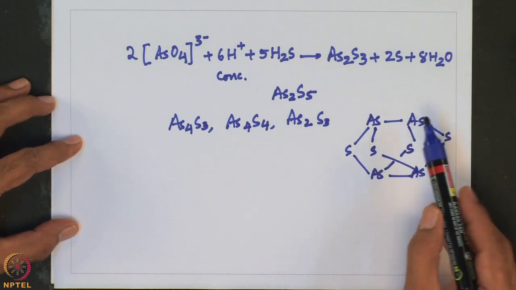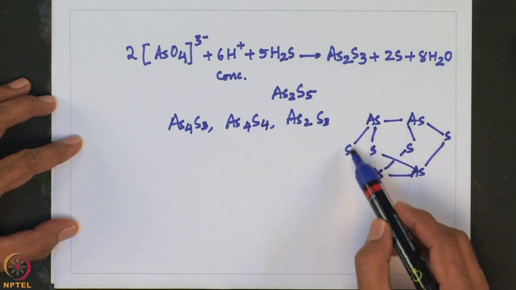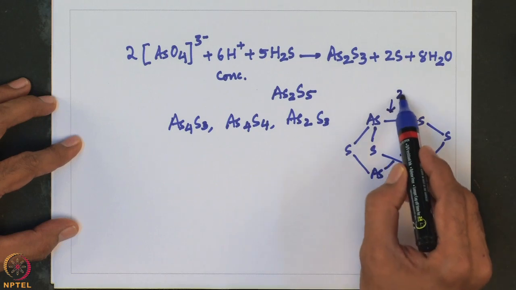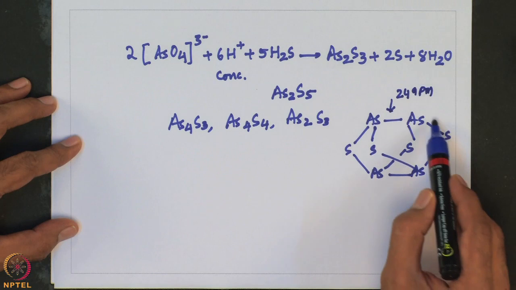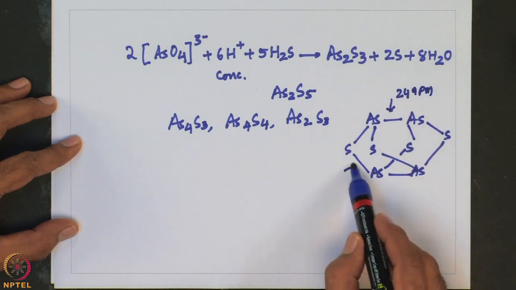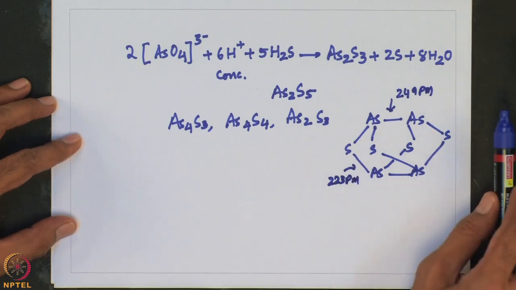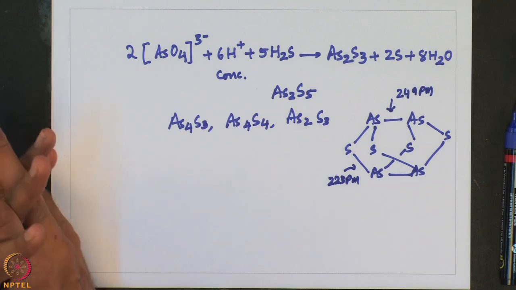While writing the structure, you should make sure that all arsenic atoms are trivalent, whereas sulfur or chalcogens are divalent. This distance is 249 picometer and this is 223 picometer. The bond distances in alpha As4S4 are consistent with As-S and As-As single bonds.